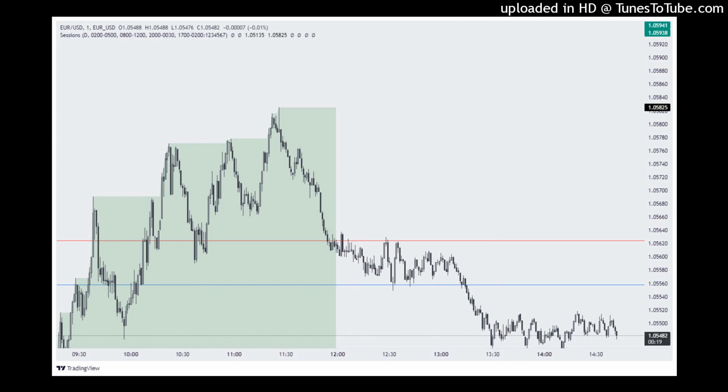What you would want to see here is an ST, so displacement into that PD array. Everything that's to the left is not relevant at all. All this sweeping, all that liquidity, that inducement, not relevant at all. Again, it might be relevant on a level where you need liquidity, blah, blah, blah, but you don't need to pay attention to it at all.